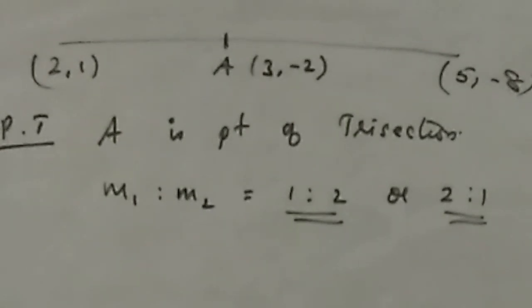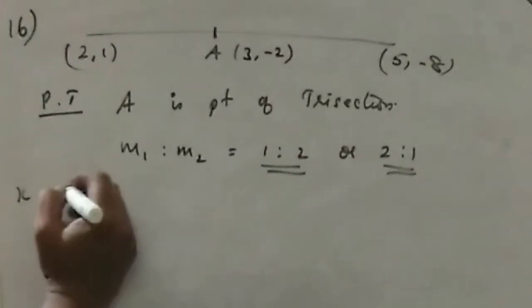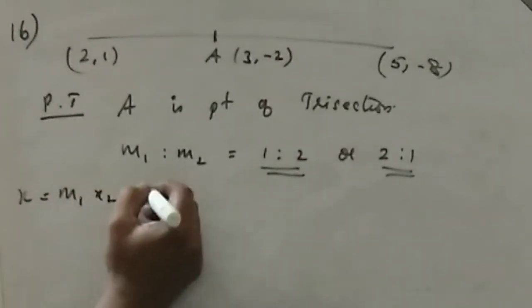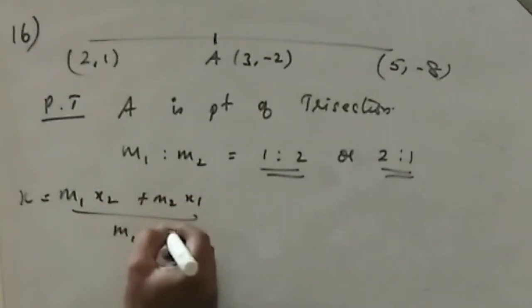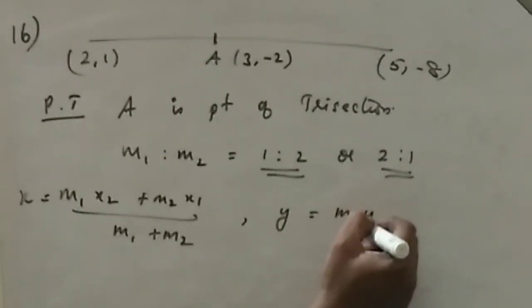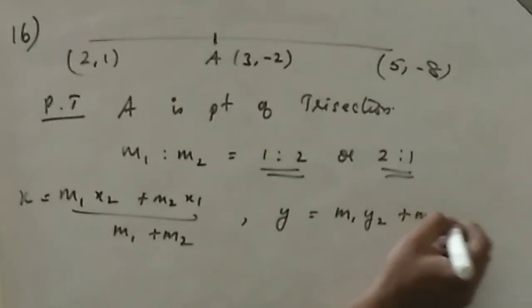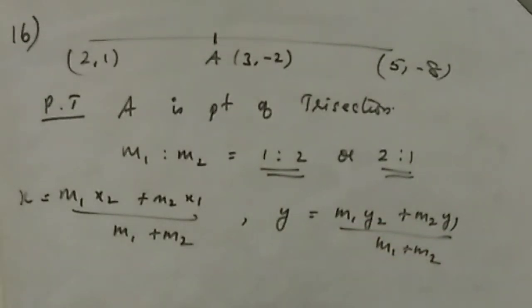Okay, now see, write the formula. x is equal to m1 x2 plus m2 x1 upon m1 plus m2. y is equal to m1 y2 plus m2 y1 upon m1 plus m2.